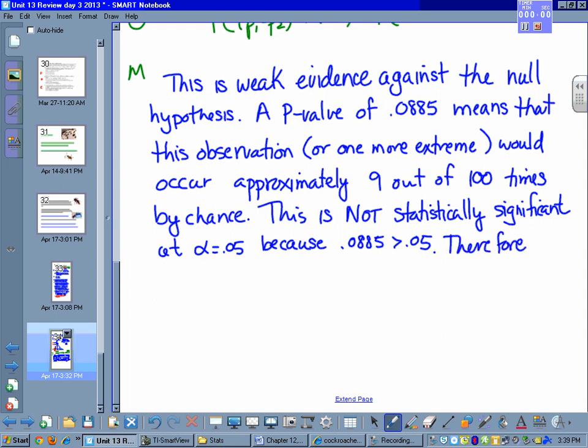Therefore, I better put my capital letters, I do not reject the null hypothesis.